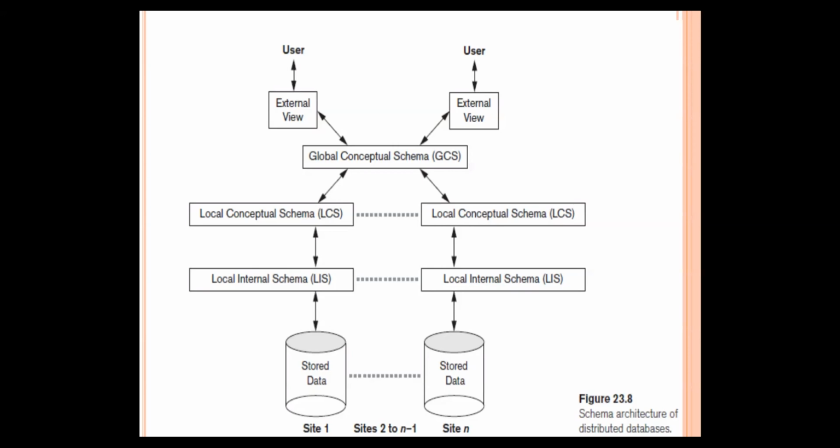Then when he interacts with the system through the debit card, the global conceptual schema, GCS, will check the card, because I may have a card from the Bangalore branch office, but I may do the transaction anywhere. I can do the transaction in Pune or in Calcutta. In that case, the GCS will identify whether the person is a customer or not, where the card was issued, whether the account is with the Pune office or the Bangalore office.